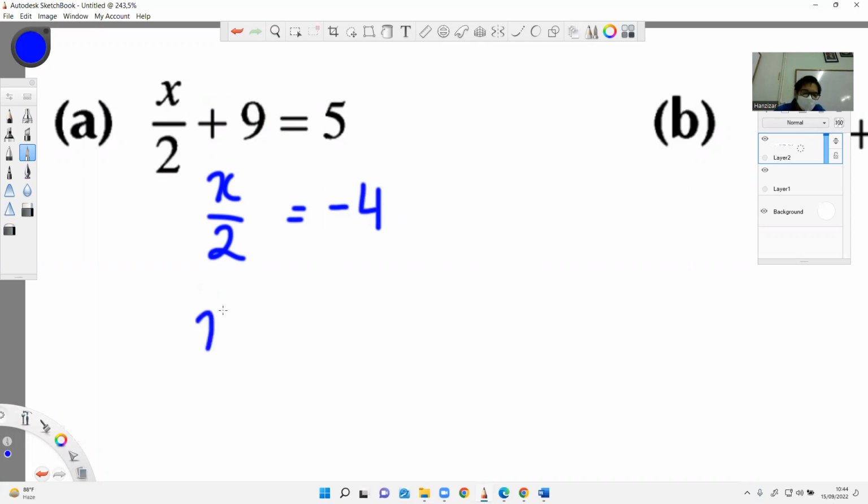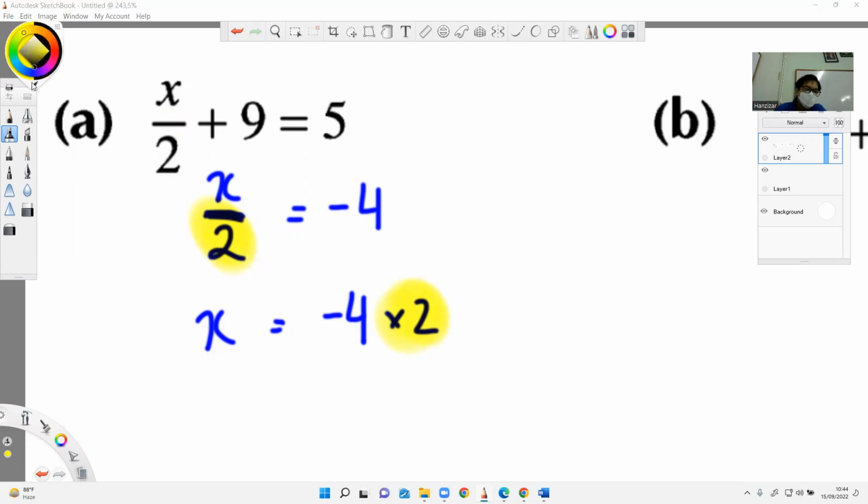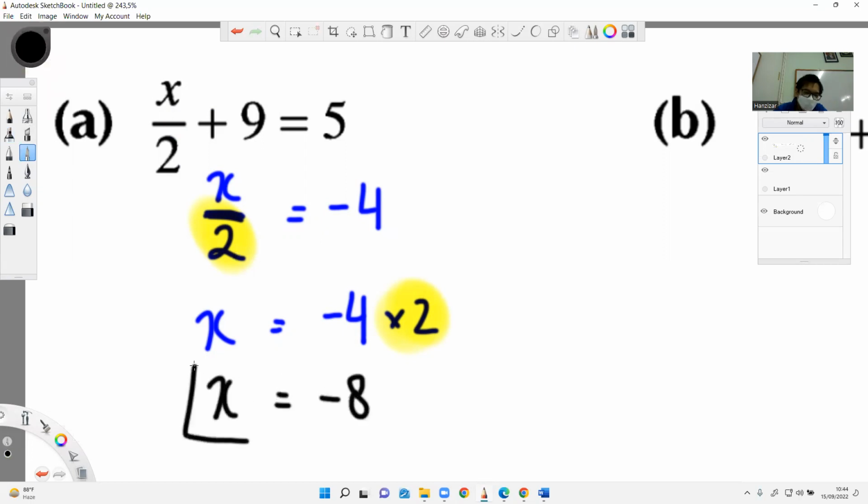So you move the 2 to the right side. This is divide. So negative 4, you multiply by 2. Why? Because the inverse of divide is multiply. Understand, guys? So that's new. Yang baru itu divide by 2 times 2. Negative 8.